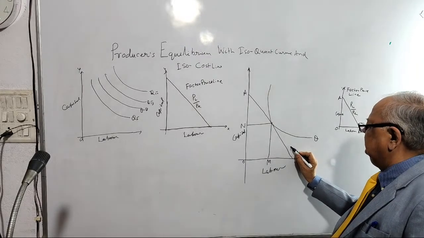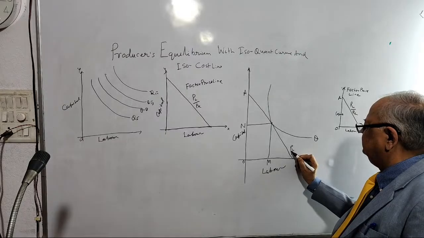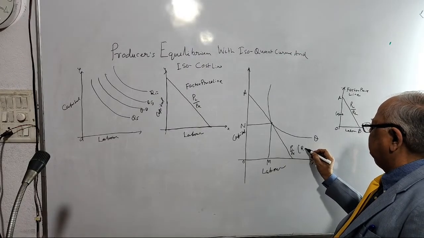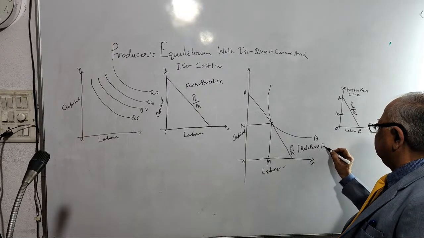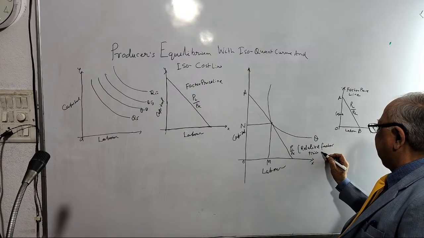Factor price line equation is PL by PK. इसको क्या कहते हैं? रिलेटिव फैक्टर प्राइस लाइन. फैक्टर प्राइस लाइन, रिलेटिव फैक्टर प्राइस लाइन.